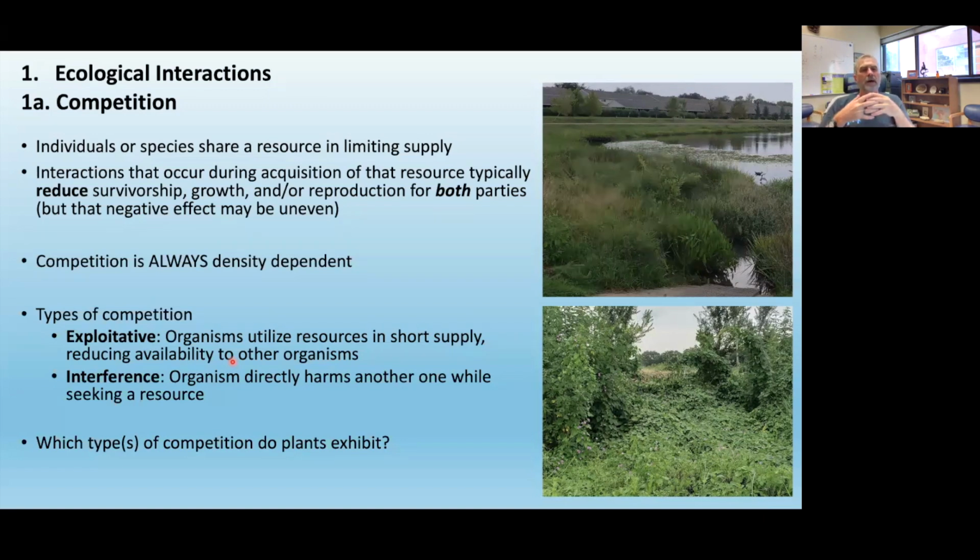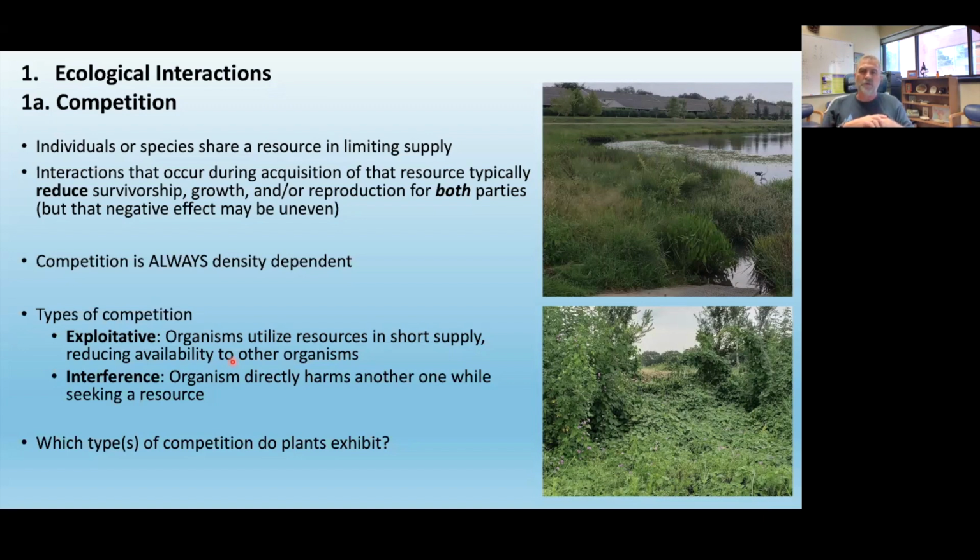So when we're talking about plants, what type of competition do plants exhibit? Well, truthfully, it can be either, right? If you have a mixed community, a biodiverse community, those communities are using resources that can be water, nutrients, and access to pollinators, for instance.